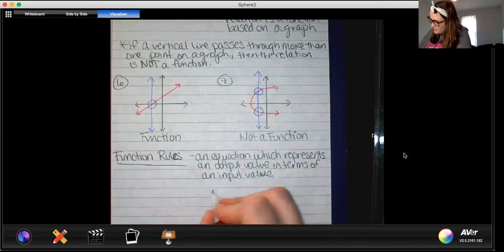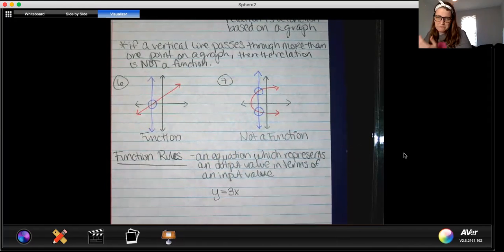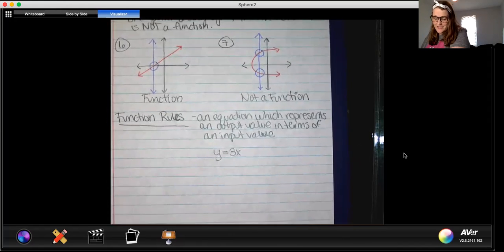So for example, if I had an equation that said y equals 3x, this is a function rule because you have the output, the y values, in terms of the input. These are things you see all the time.